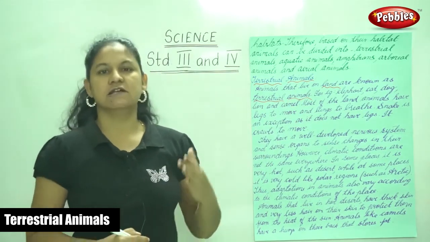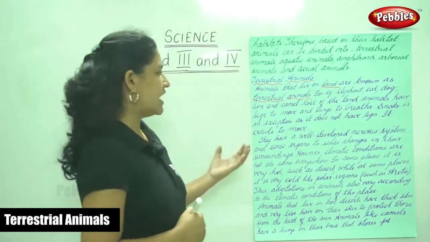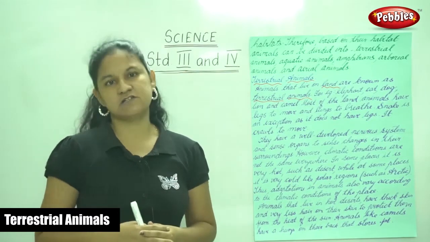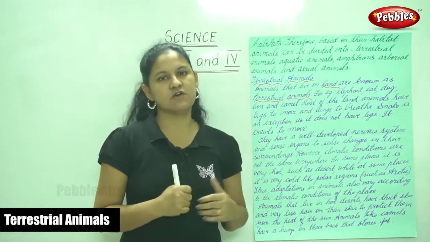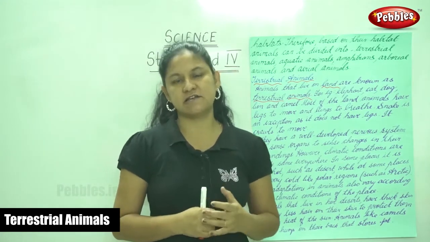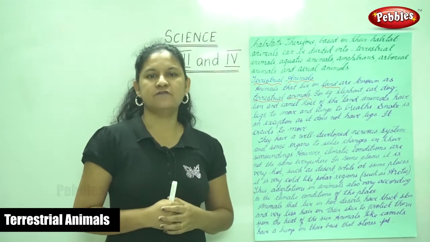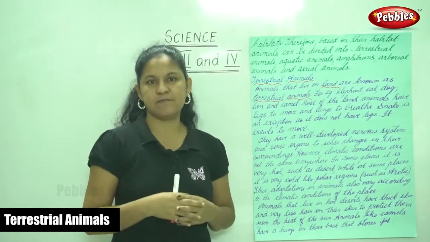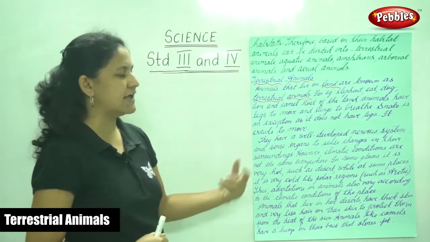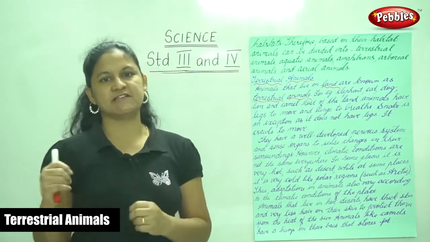Animals that live on land are known as terrestrial animals, and these land animals have legs to move and lungs to breathe. But in the case of the snake, it is an exception. It does not have legs, but instead crawls to move. These animals have a well developed nervous system and sense organs to sense the changes in their surroundings. But the climatic conditions for each place vary.